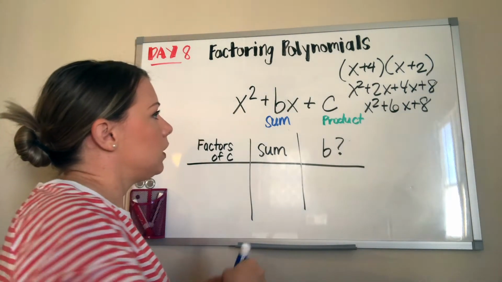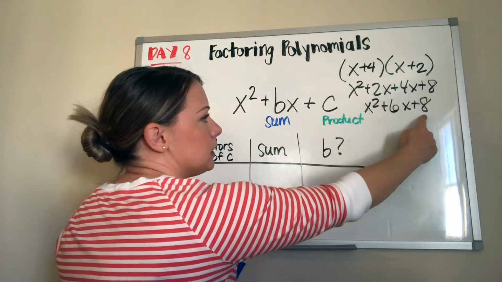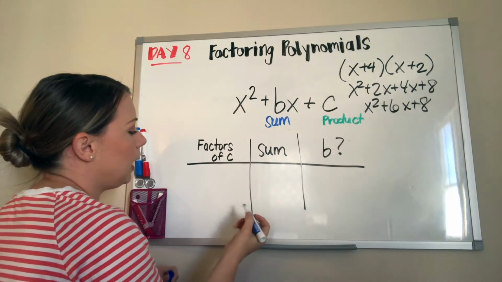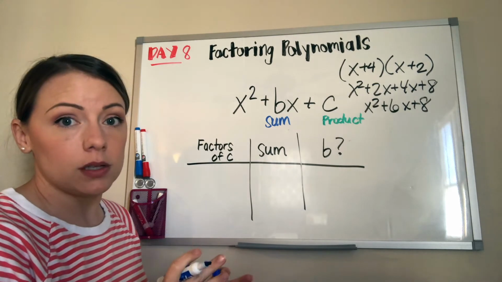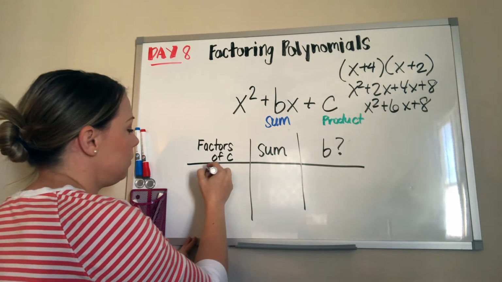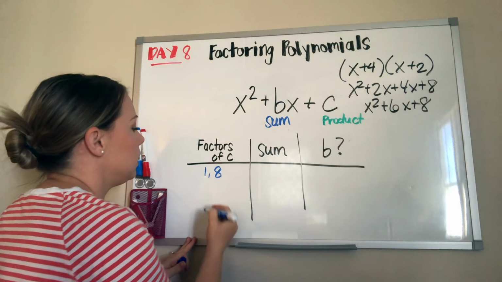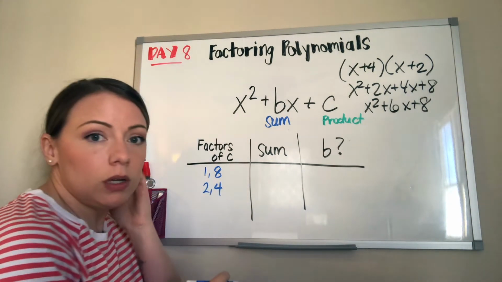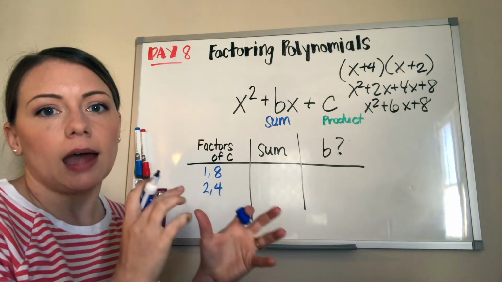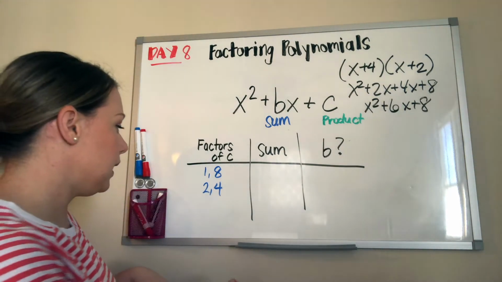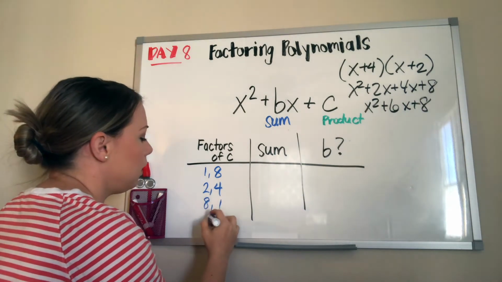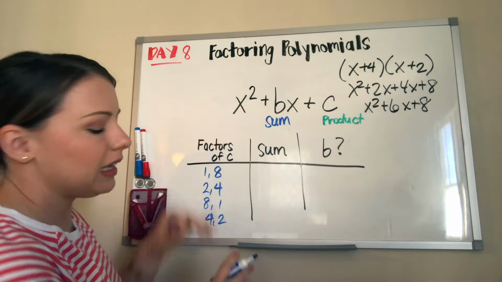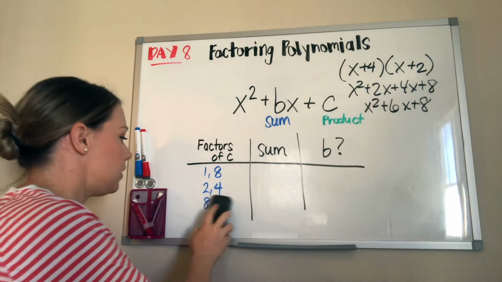We know that in this case, C again is 8. Okay, so C is 8, and I want to know all of the factors of 8. So that could be 1 and 8, that could be 2 and 4, and then if I really wanted to get fancy with it, I could start transposing them, meaning I could say 8 and 1, 4 and 2, but again, in this case, because I don't have an A here, that's not very relevant.